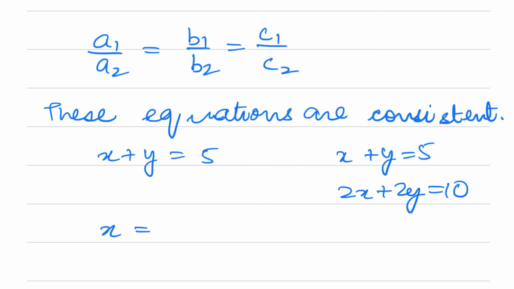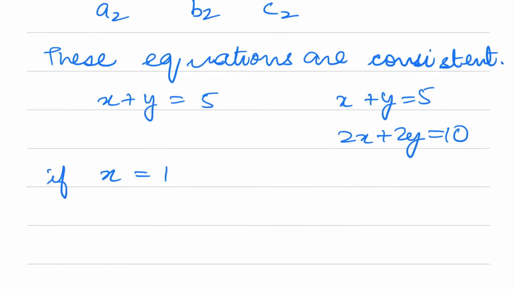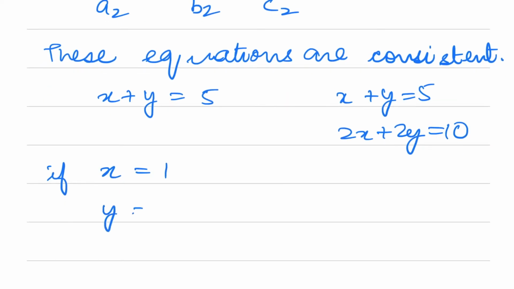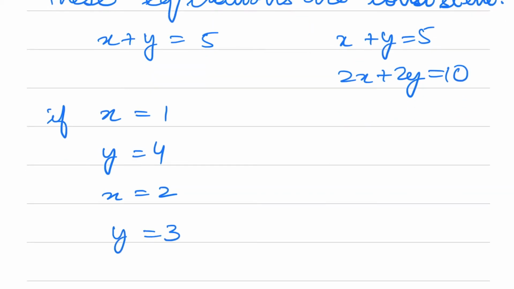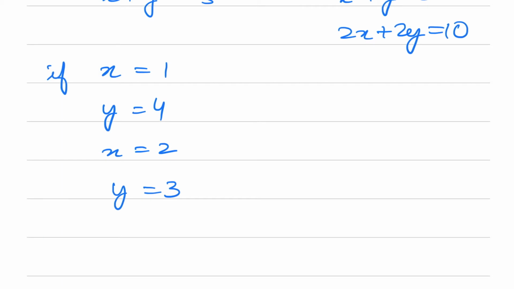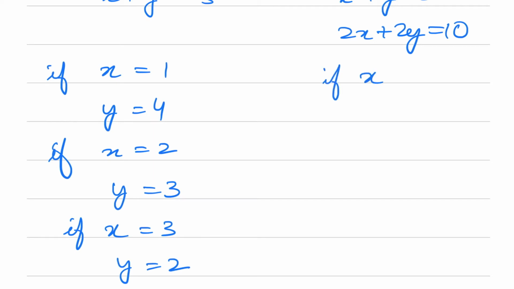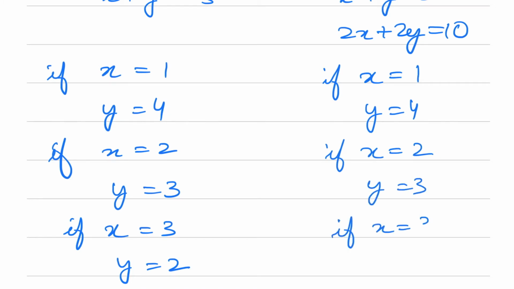So we have to solve the equations now. If x is equal to 1, then y would be equal to 4. If x is equal to 2, y would be equal to 3, and if x is equal to 3, then y will be equal to 2. The same way for the other equation.